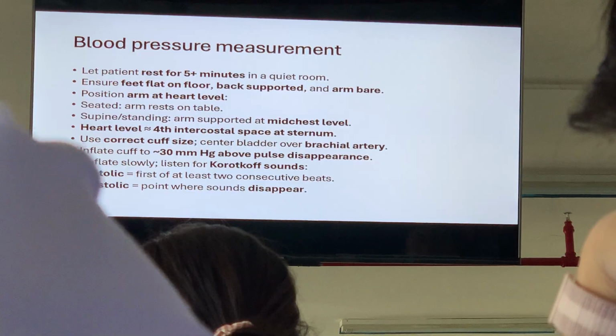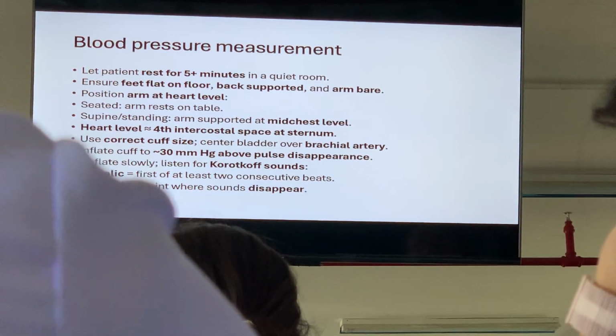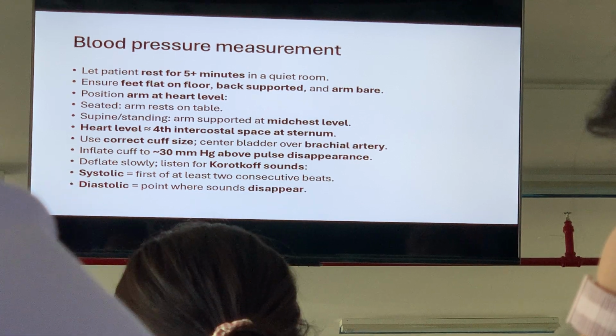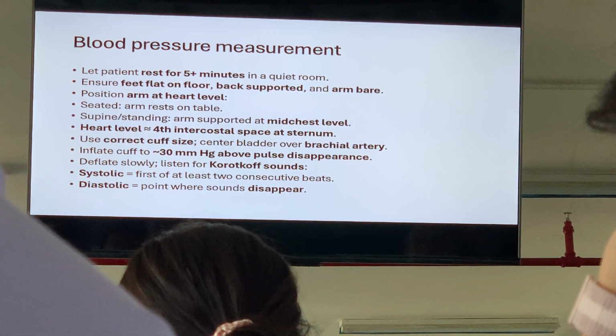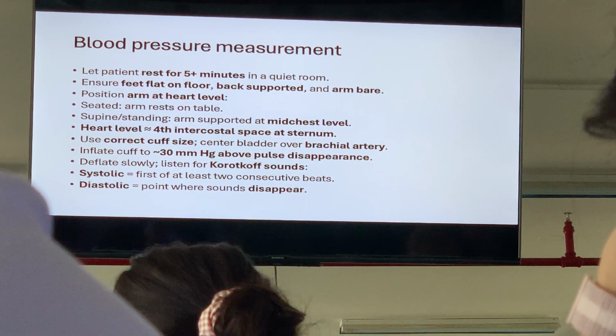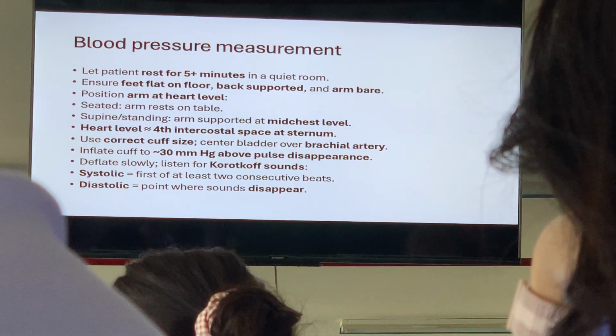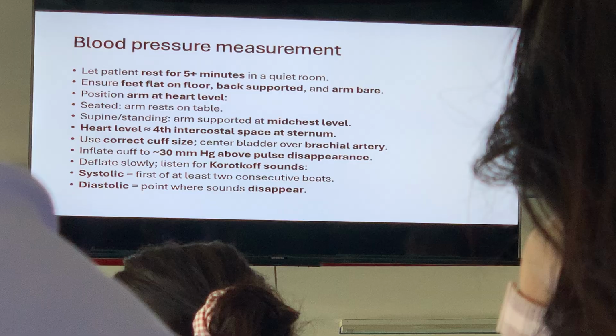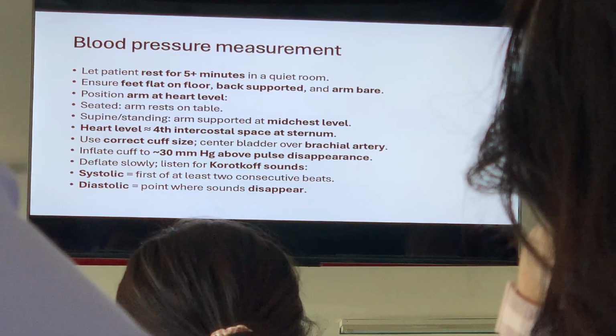The arm should be at heart level, and the patient should be quietly seated and relaxed. Heart level is the fourth intercostal space at the sternum. You also have to use the correct cuff size, because an inappropriate cuff size will cause slight variations in your blood pressure.